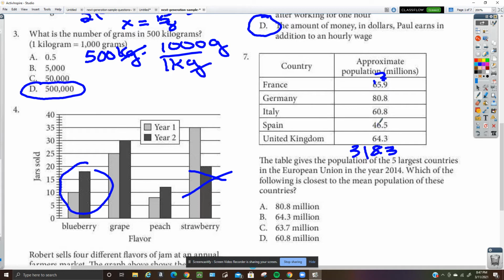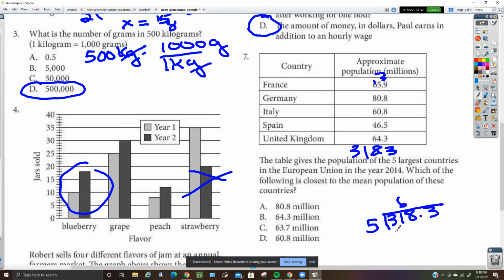So 10, 16, 14, 31, yep. So 318.3 divided by 1, 2, 3, 4, 5.